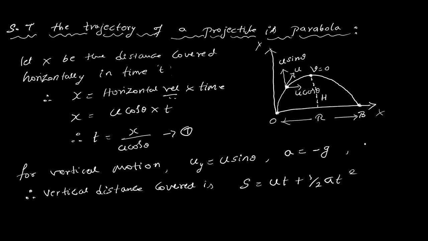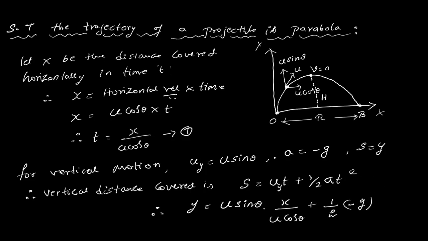The s is nothing but the displacement along the vertical, so I'm taking it as y. Therefore y is equal to u t, see, u sine theta, uy, so uy means u sine theta here, into t value, we know that x divided by u cos theta, plus half into a, I can write it as minus g, into t square.